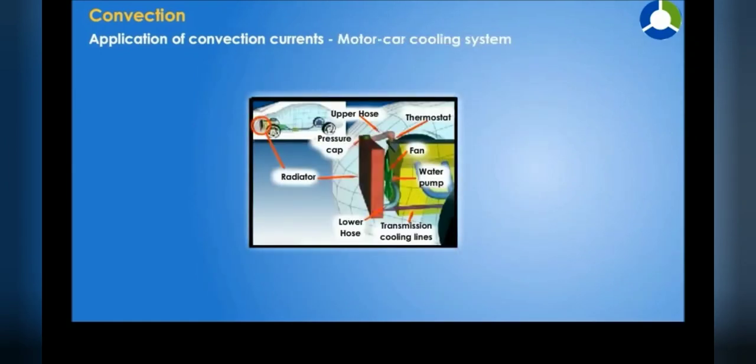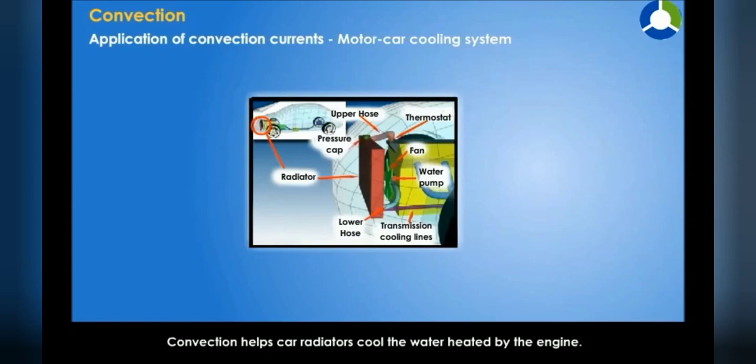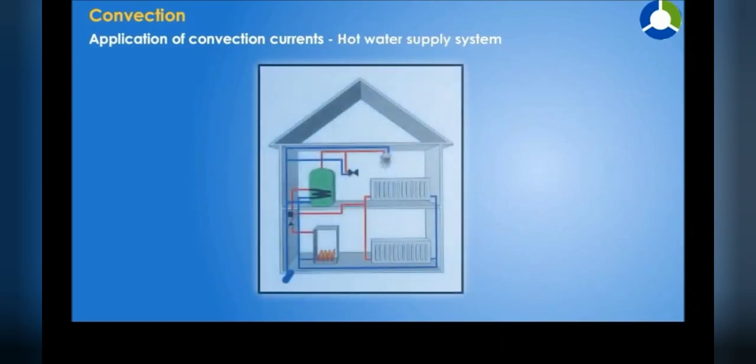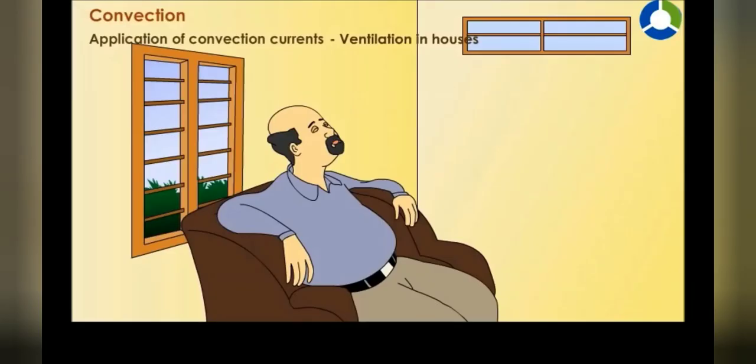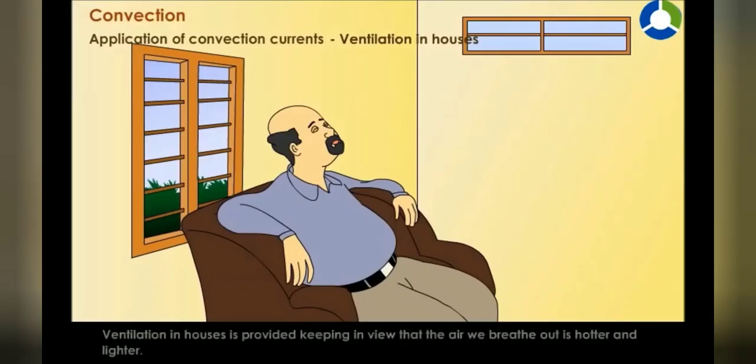Motor car cooling system. Convection helps car radiators cool the water heated by the engine. Hot water supply system. In a domestic hot water supply system, circulation of water is by convection. Ventilation in houses.